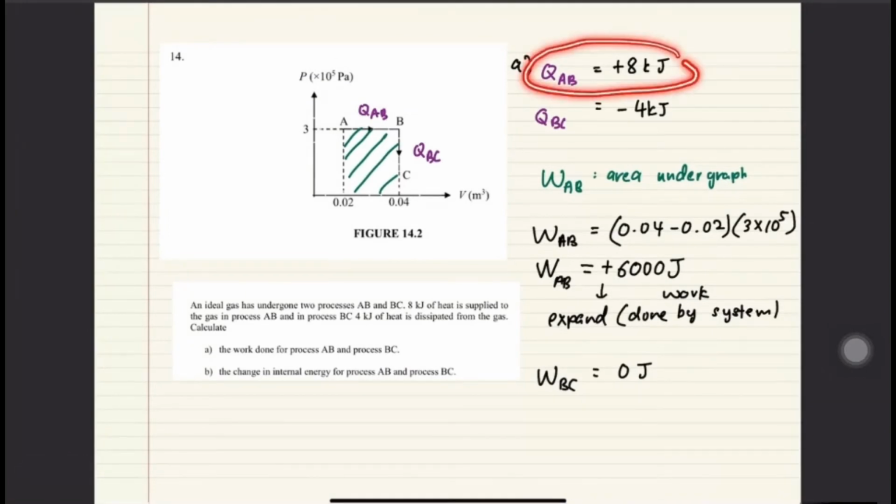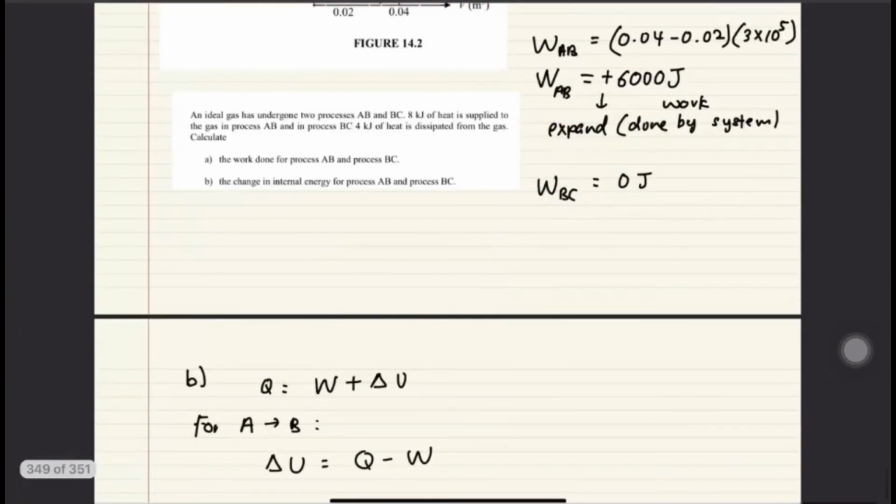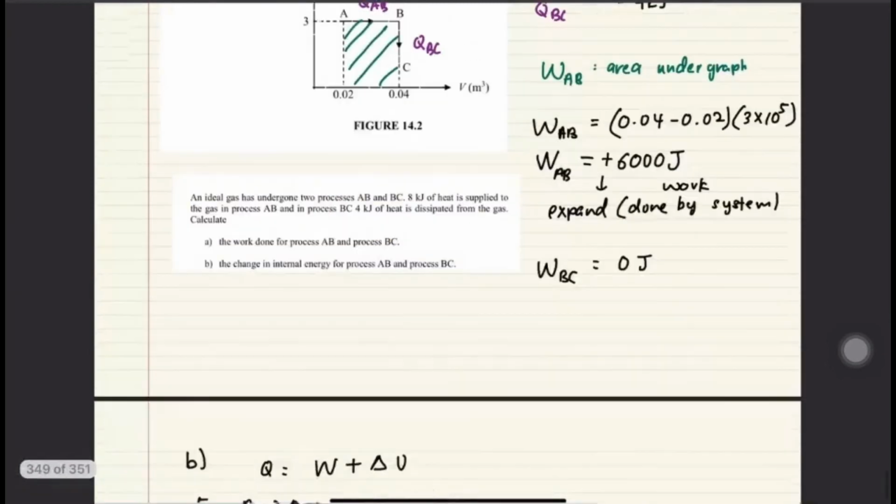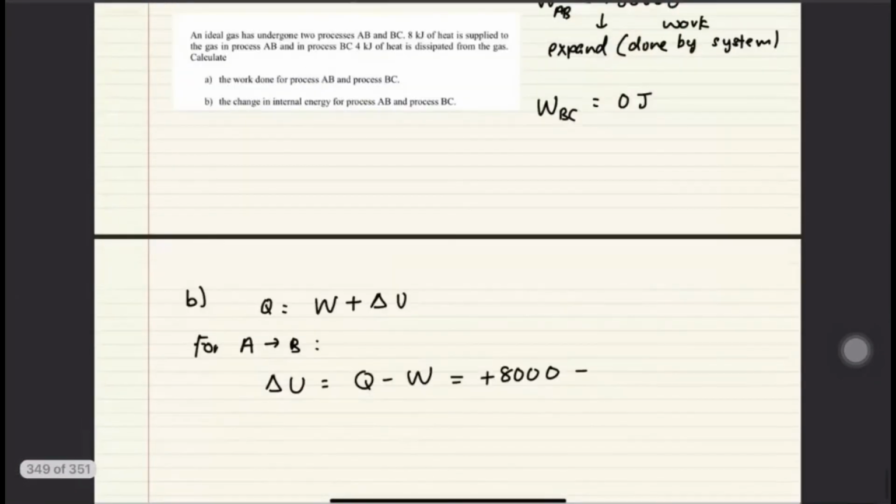Make sure you identify whether it's positive or negative first, otherwise you'll be wrong. So here you get positive 8,000 minus the work done for AB, which is positive 6,000. So here you get ΔU equals 2,000 joule. Okay?